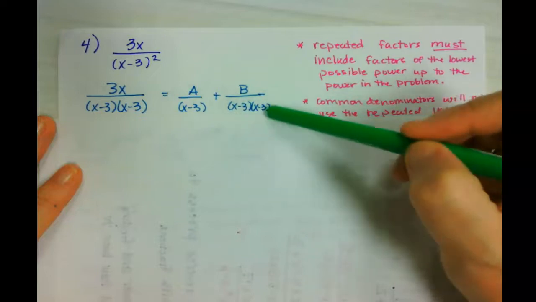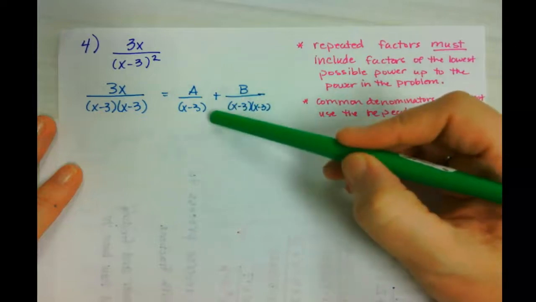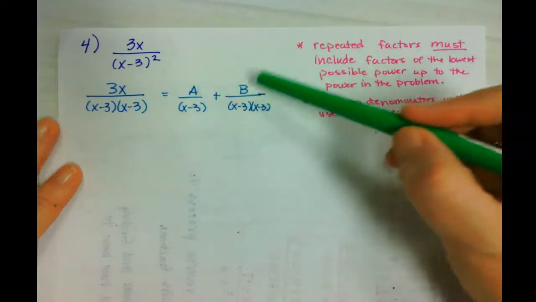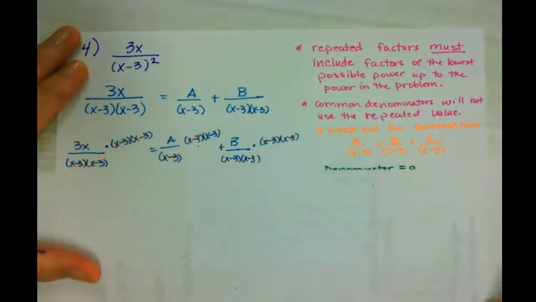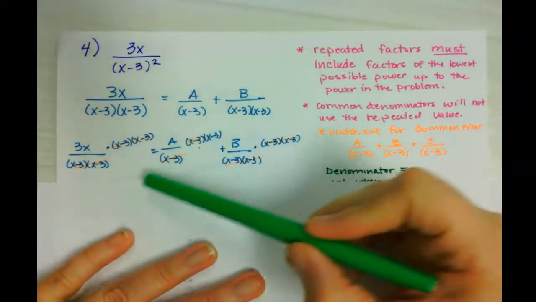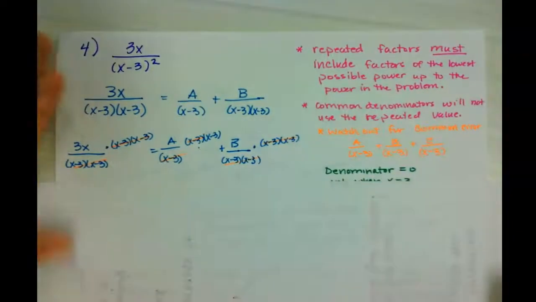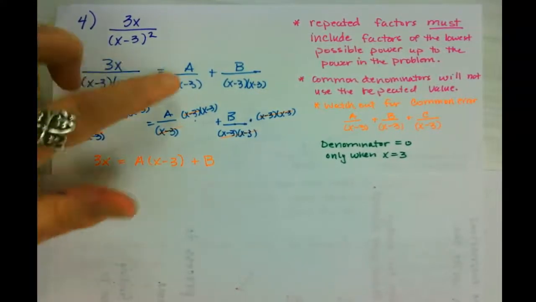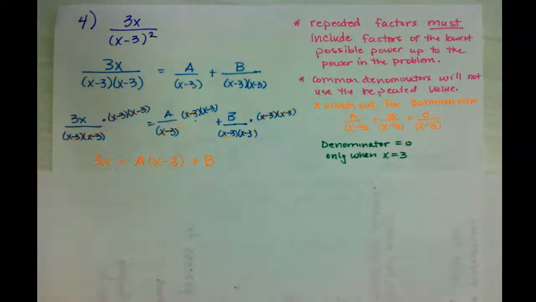So this would be the power 2, and the next power down would be 1. And so everything else is the same. I assign the A and the B, I multiply to get rid of my denominators, I generate my substitution equation. Okay, so nothing there except just remembering you have to allot for that power.